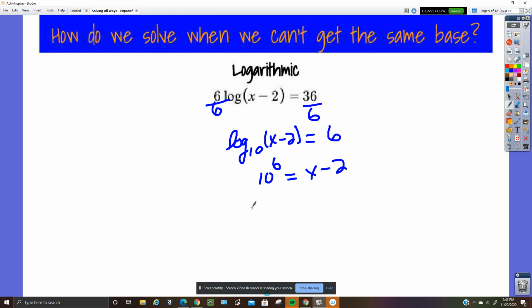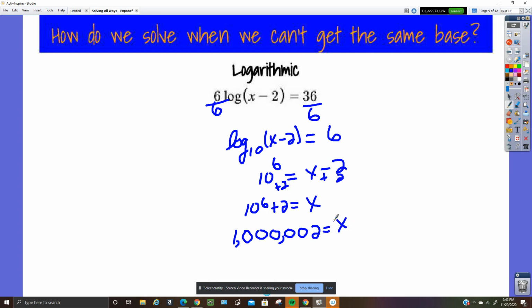And then you want to add 2 to both sides. So you have 1 with 6 zeros, and if you add 2 to that, then it's this number here, 1,000,002.